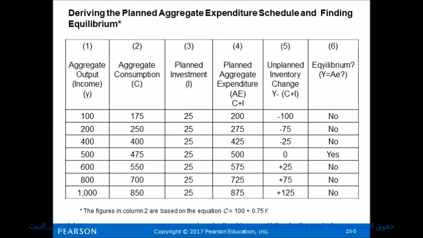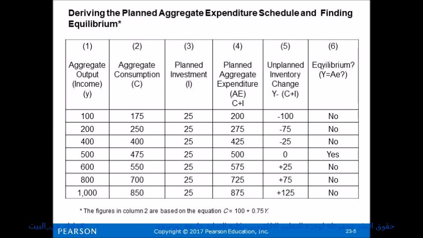Also, we have in column 3, as we can see from the table, the value of investment. And as you can see, the value of investment given in column 3 is 25, and we are assuming that investment in the economy is constant, or considered as an exogenous variable, which is 25, a constant value at each different level of income, starting from 100 and ending at 1000.